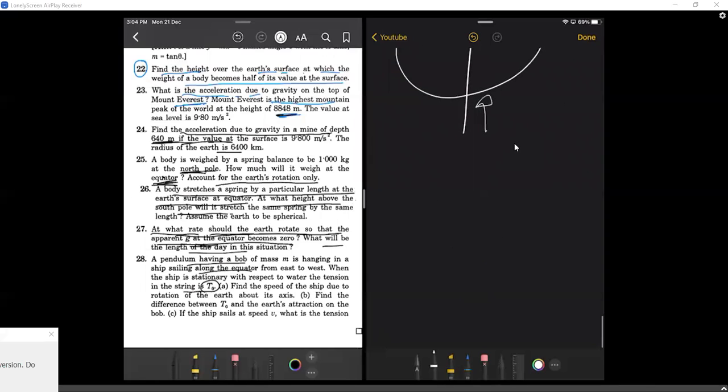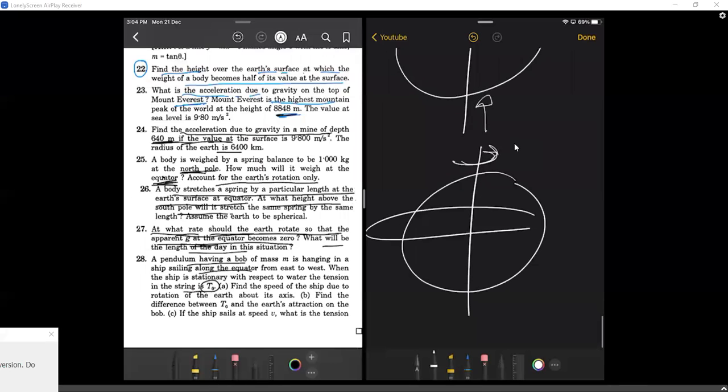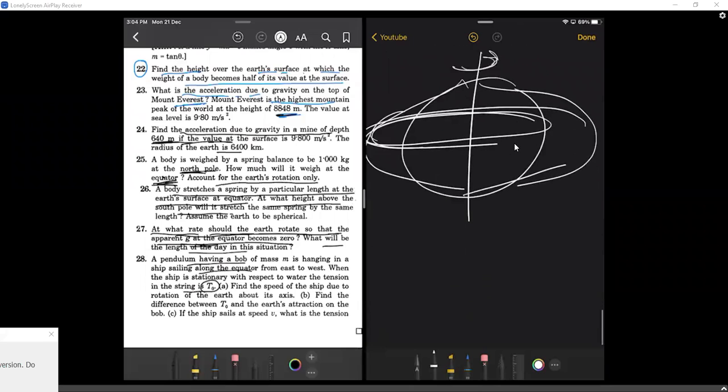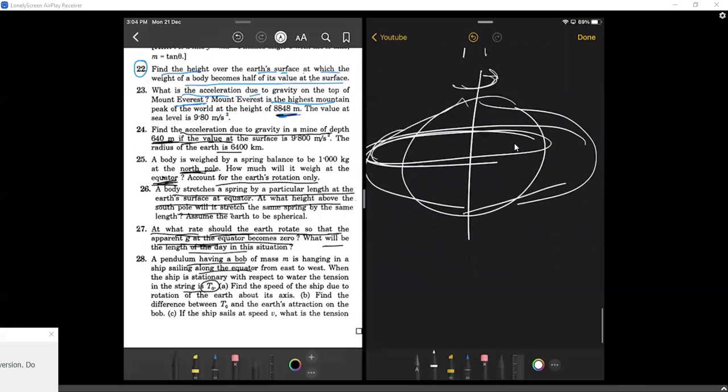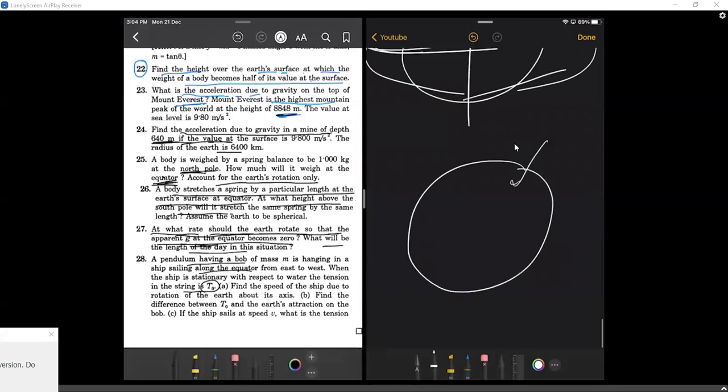Like take some maida dough and try to rotate it, it gets stretched like this, slowly. It's that kind of an effect, not because of G. Earth's gravity is not good enough to change its shape. There might be a small effect, but not to that extent.